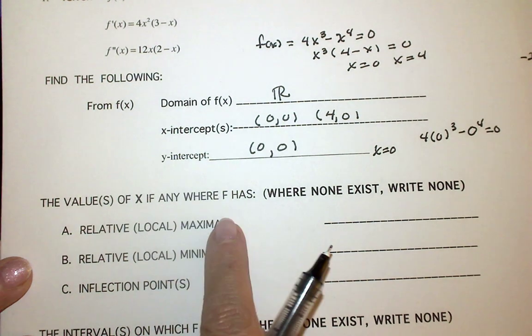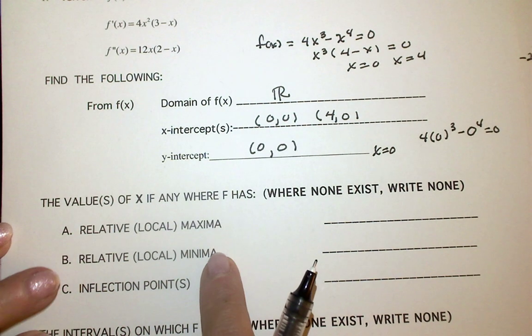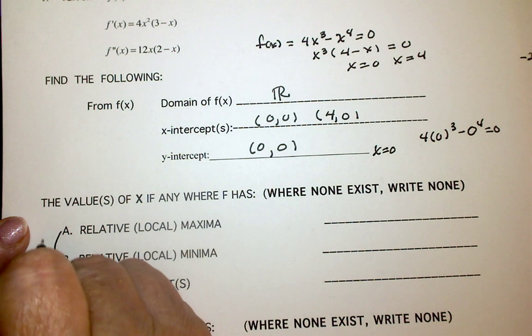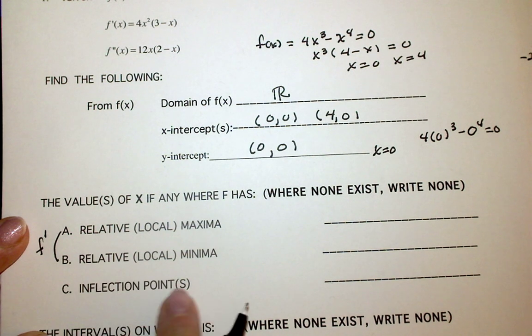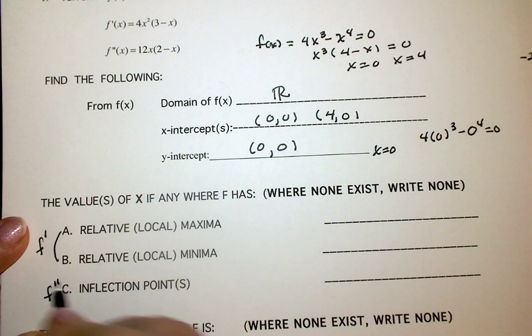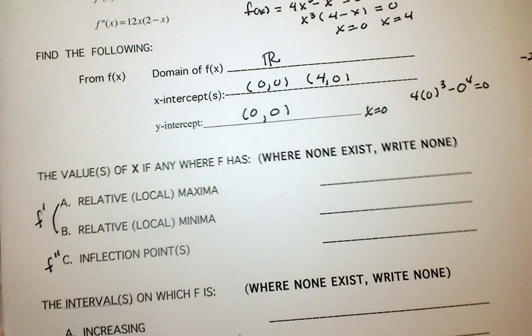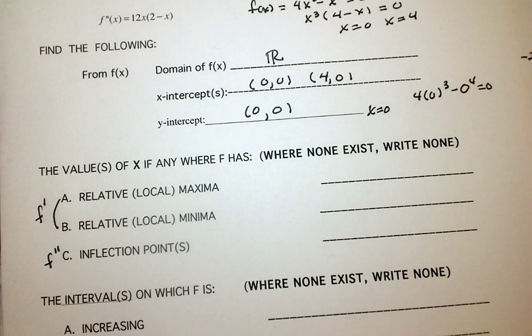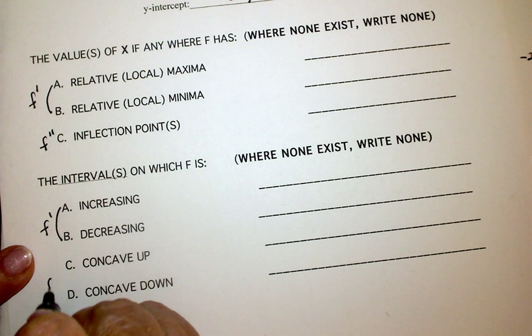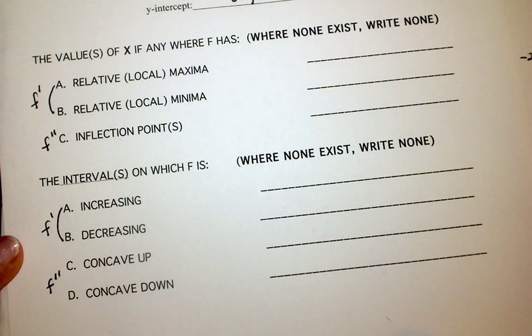Now I need to find the maximum and minima. This is f prime. Inflection is f double prime. Increasing, decreasing, concave up, concave down. A and B, that's f prime, and C and D is f double prime.